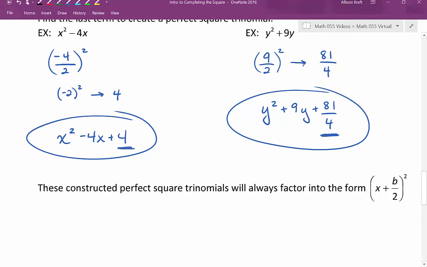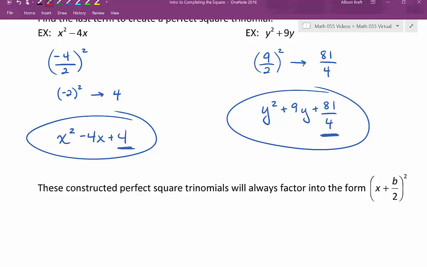These constructed perfect square trinomials will always factor into the form x plus b divided by 2 quantity squared. With some of the perfect square trinomials, you'll be able to look at it and just factor it, like this first one, x squared minus 4x plus 4.